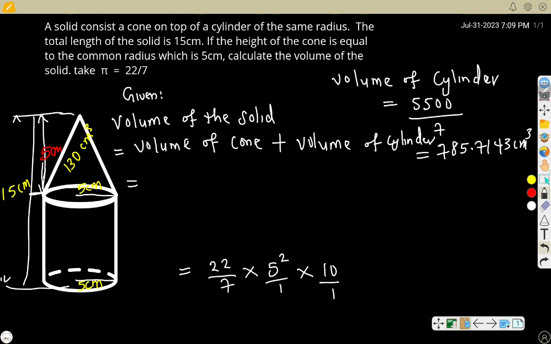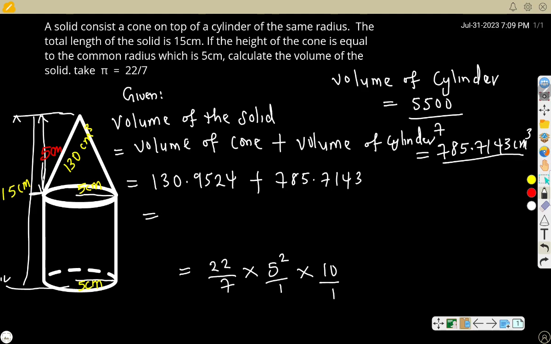We have found the volume of cone already, using 1/3 pi r square h, which gave 130.9524. Remember this figure. Volume of cone plus volume of cylinder, which is 785.7143.